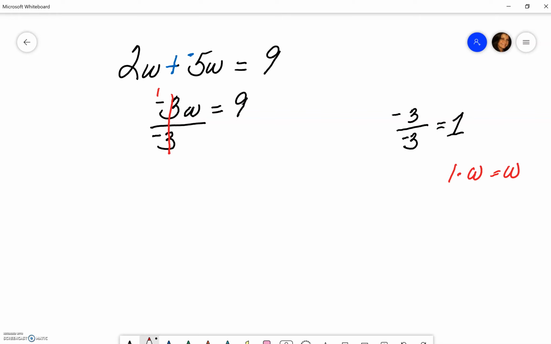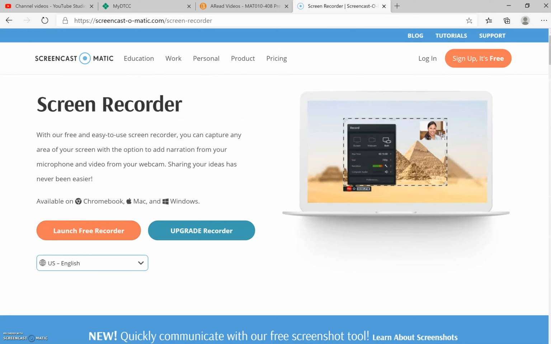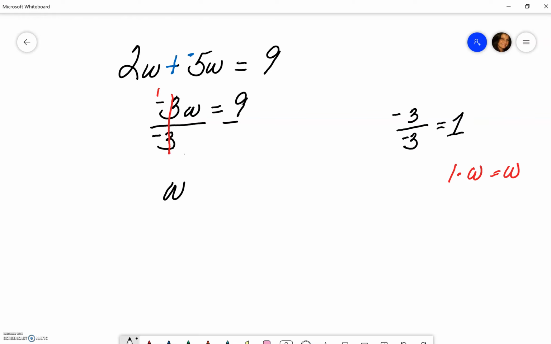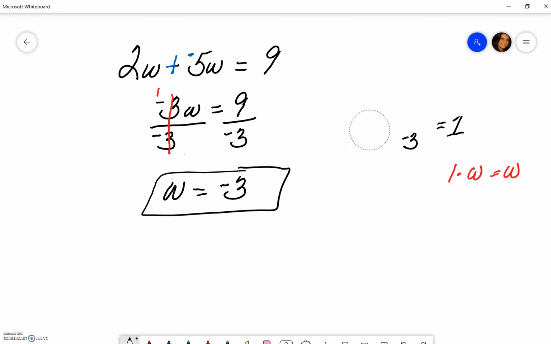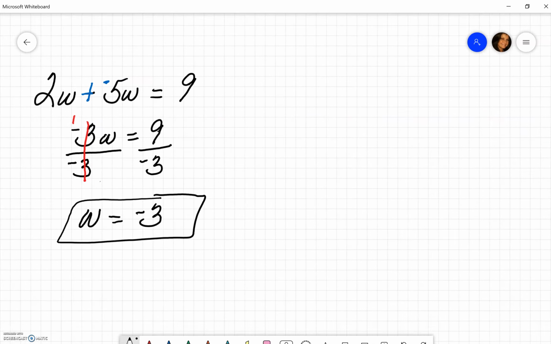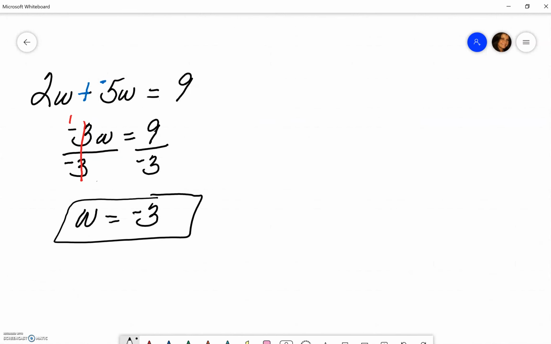So on one side of the equation, we have a w. But don't forget what we do to one side, we must do to the other. So these are opposite signs, so we're going to end up with a negative answer, and the final answer is a negative 3.